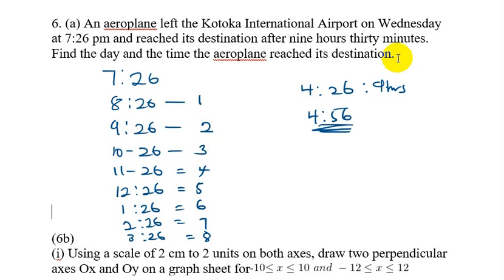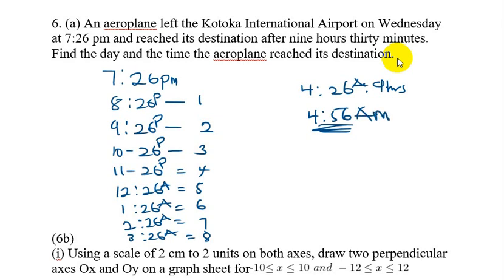Now let's see whether it is AM or PM. This one was PM, this one is PM, this one is PM, this one is PM, but this one became AM because from 7 p.m. going, when you get to 11, the next one is AM, right? So this one is also AM, AM, AM, AM, and AM.